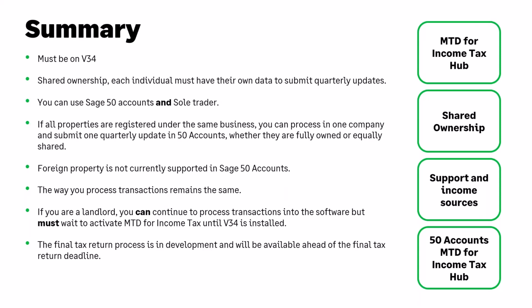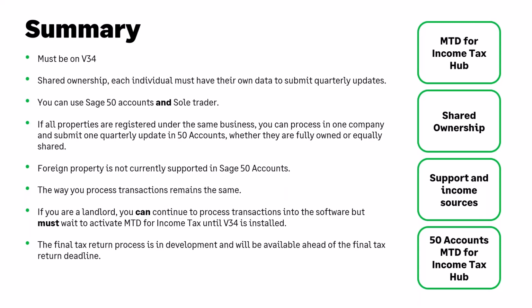Now, something really important: if you are a landlord, you can continue to process transactions in the software, but you must wait to activate MTD for income tax until version 34 is installed. So it could be that you're not able to upgrade just yet. It could be down to IT or something else.